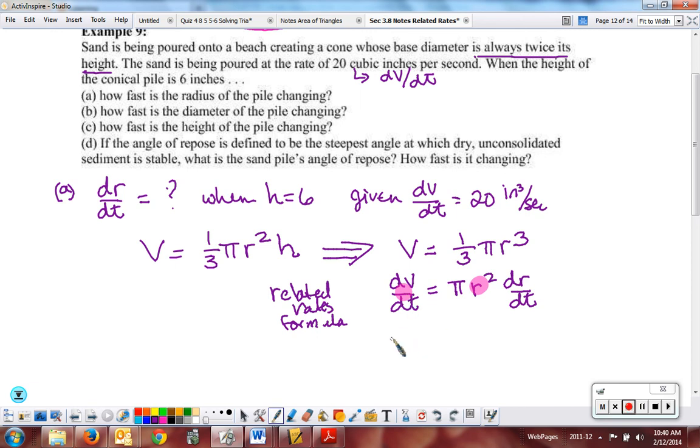So dV/dt was 20 pi. My r is 6. And then dr/dt. Now, I've been doing something bad here, and I probably need to start putting this in. So I'll do it right here: when r equals 6. This is that math communication thing that we want to be very careful that we don't get dinged on.